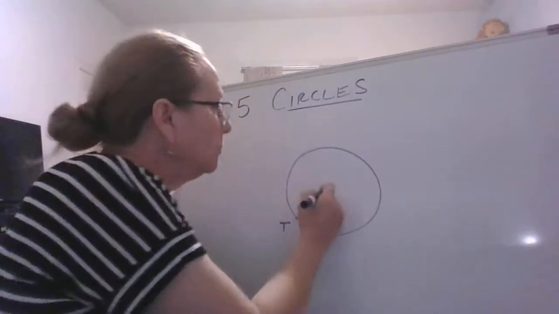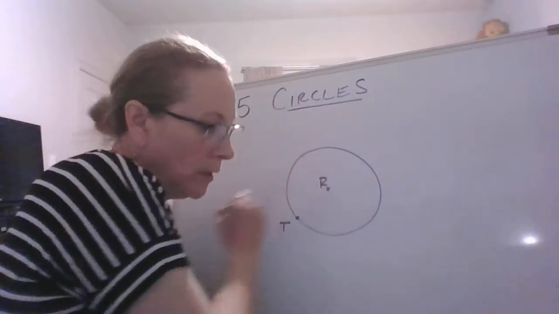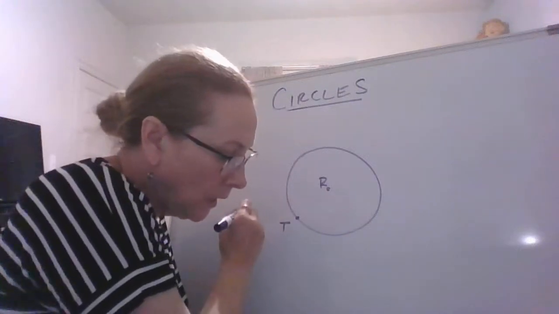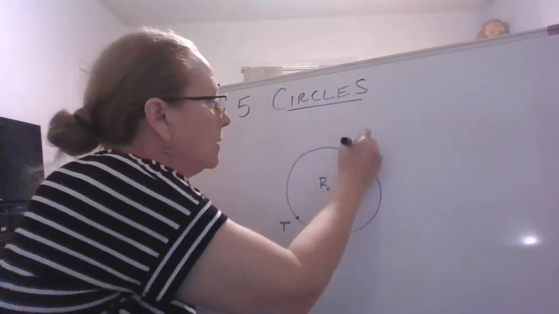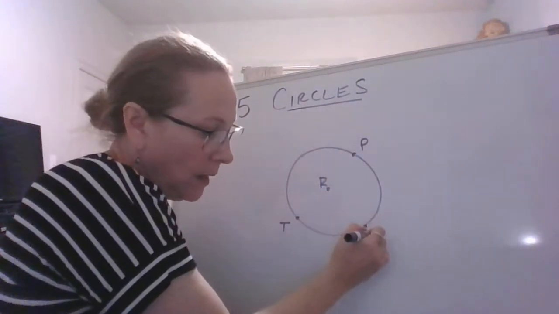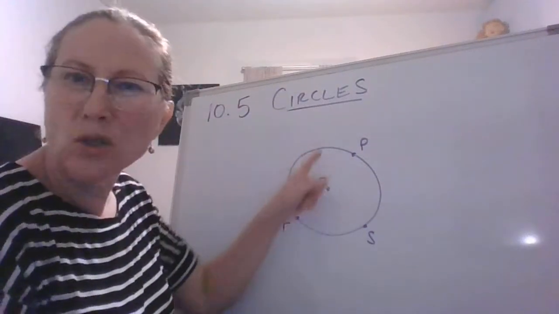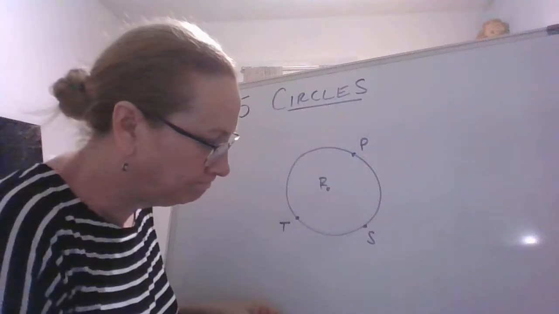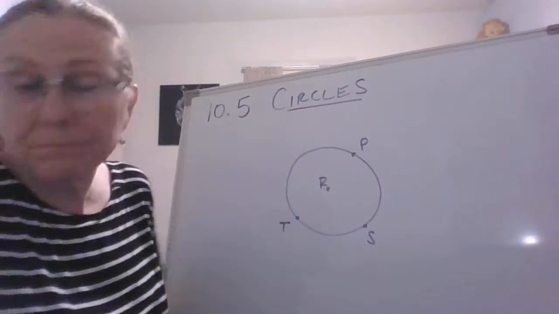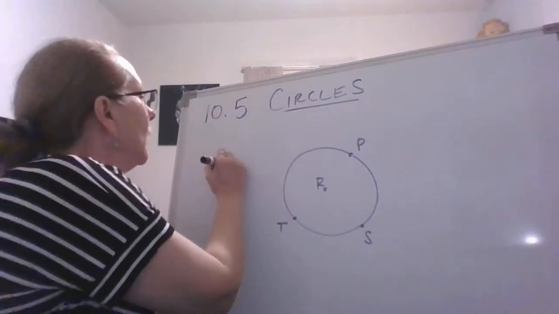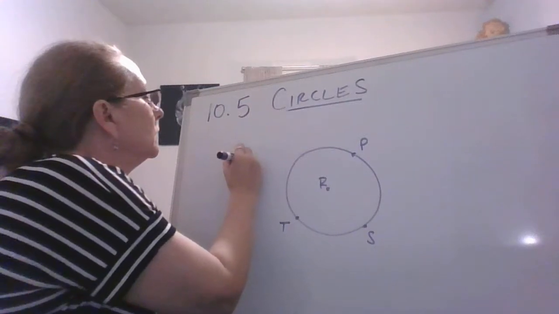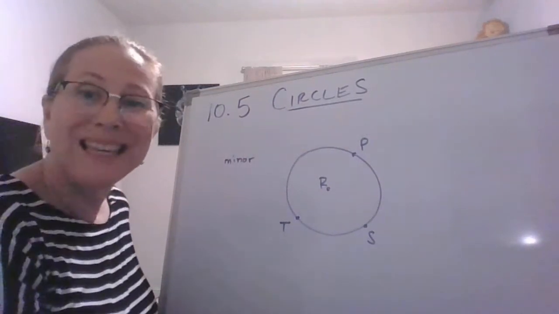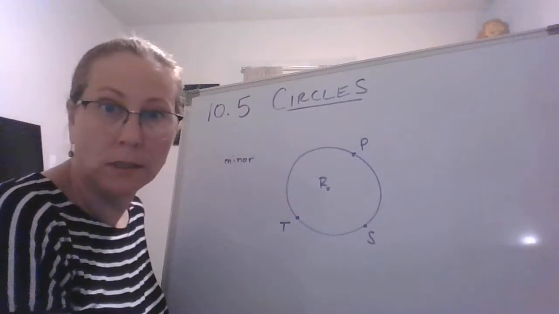So this particular one is circle R. And let's go ahead and call this P and S. I think I had 2 R's, but let's make sure that this one is a P. All right. So minor arc. If it's minor, the arc is less than 180 degrees.